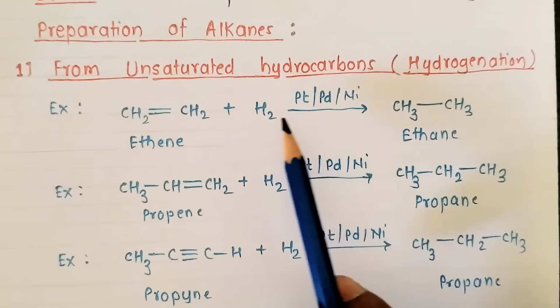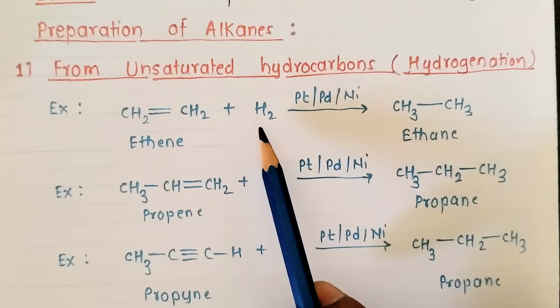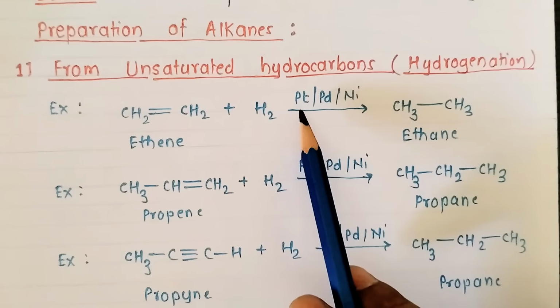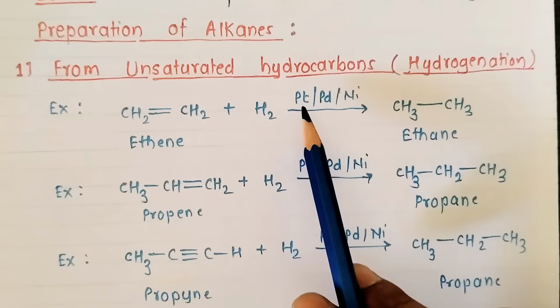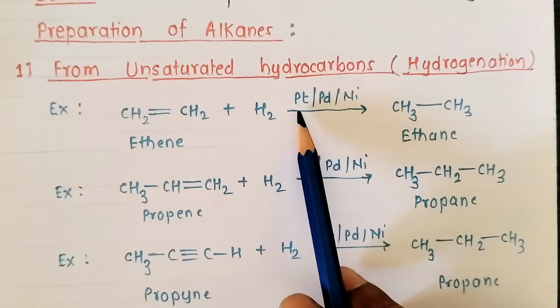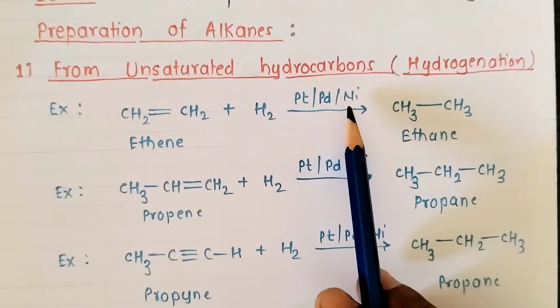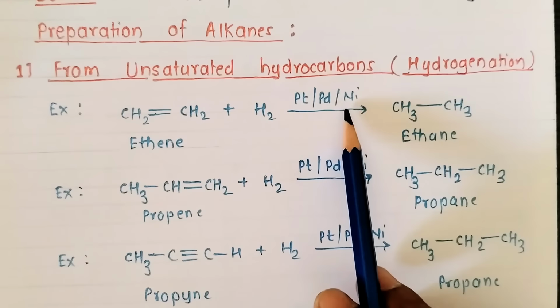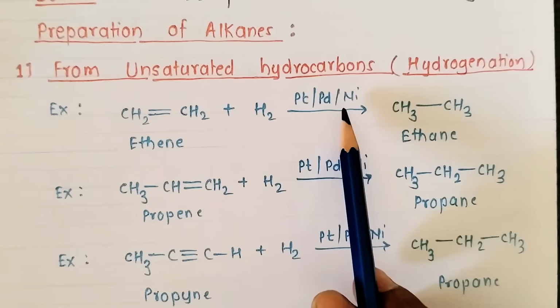In this method, dihydrogen gas adsorbs onto the surface of these metals, and this activates the hydrogen-hydrogen bond. Here we use platinum, palladium or nickel as the catalyst for hydrogenation.